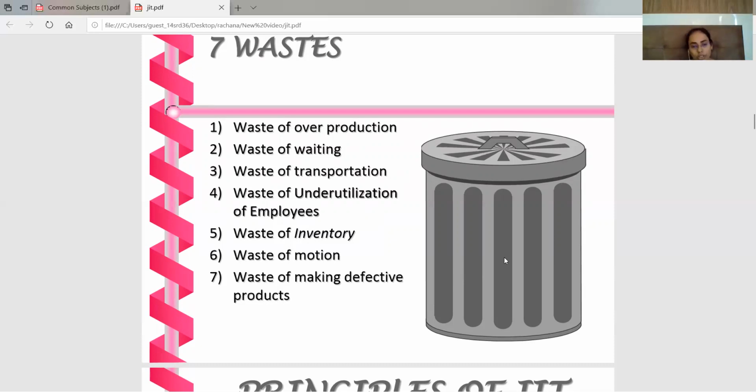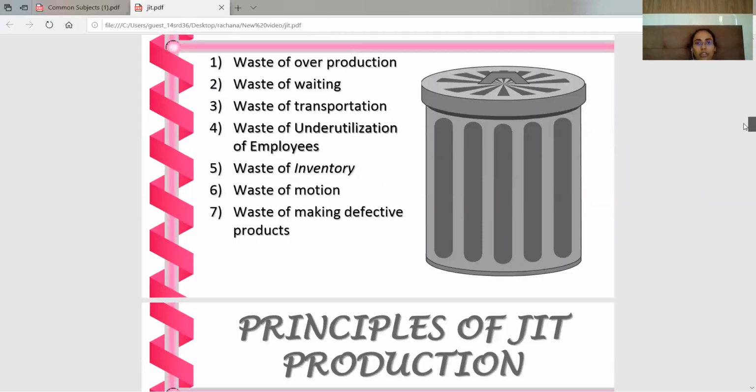Waste of motion. Unnecessary movement is created while activities are performed, so it is a waste of motion. Waste of making defective products. If you end up making defective products, it is also a kind of waste in the organization.